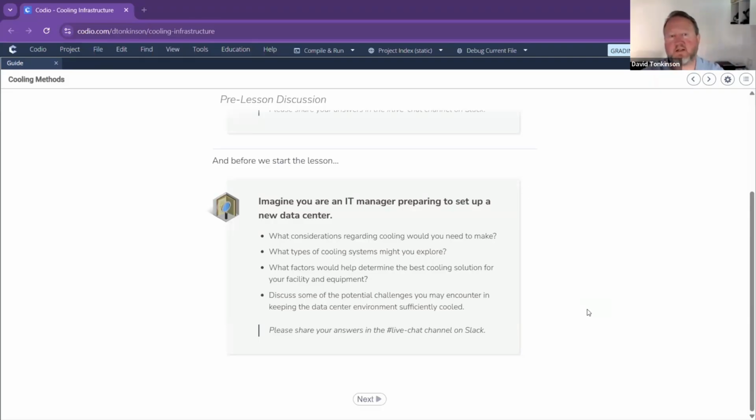So there are a lot of challenges as a data center manager or IT manager in terms of getting your cooling systems right. In the old days, when data centers were young and growing up, we didn't have purpose-built buildings.